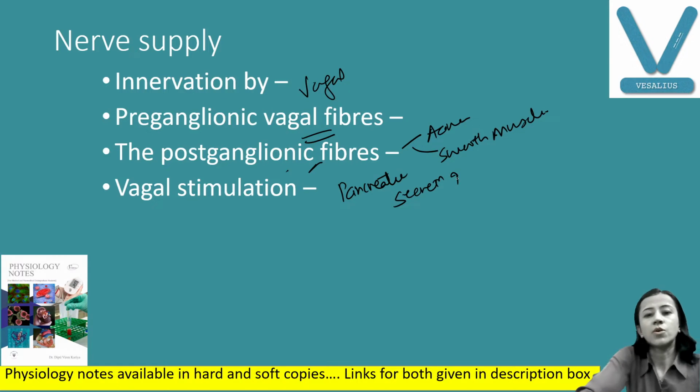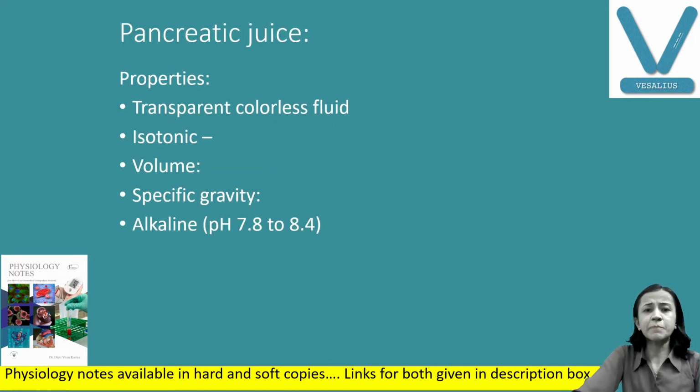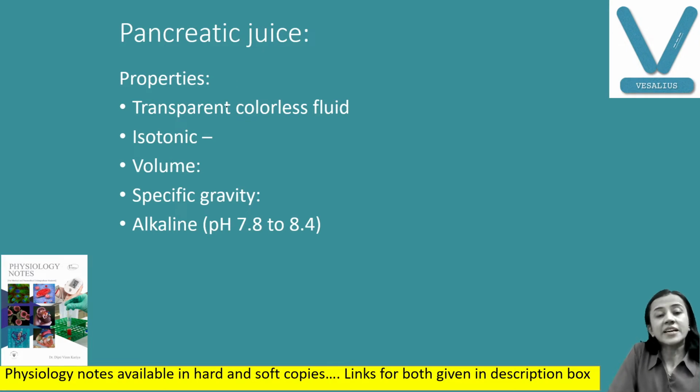Now, next is pancreatic juice. What are the properties of pancreatic juice? Pancreatic juice is a transparent colorless fluid, and it is isotonic with plasma. Osmolarity is the same as plasma. Volume is about 1200 ml to 1500 ml per day.